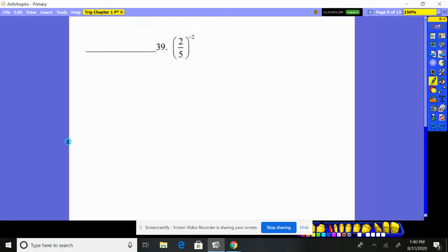Number 39, 2/5 to the negative 2. Well, the first thing we're going to do is look at that and say, hey, that's the same as a negative 1 times 2. Negative 1 is the reciprocal, so we're going to flip what we have here and then square it. So that means 5/2 times another 5/2, which gives you 25/4.